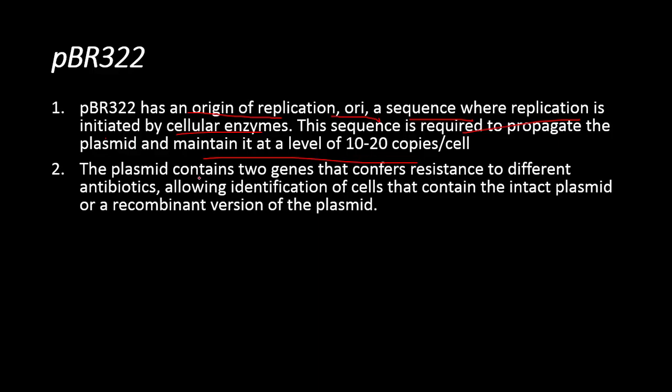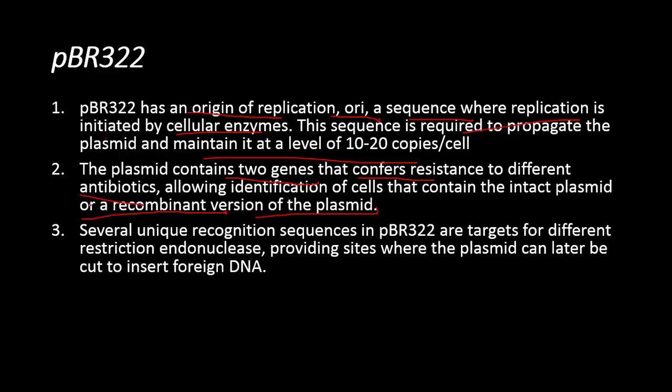And second, the plasmid also contains genes that confer resistance to different antibiotics, allowing identification of cells that contain the intact plasmid or a recombinant version of the plasmid. And third and final feature is that they have multiple recognition sequences in pBR322, and they are targets for different restriction endonucleases, providing sites where the plasmid can later be cut to insert foreign DNA.